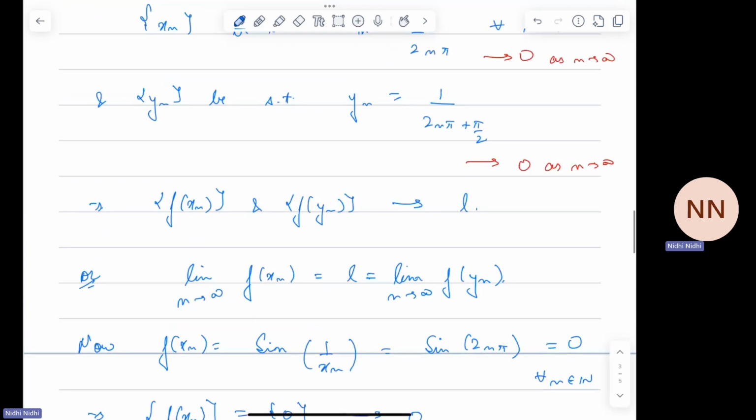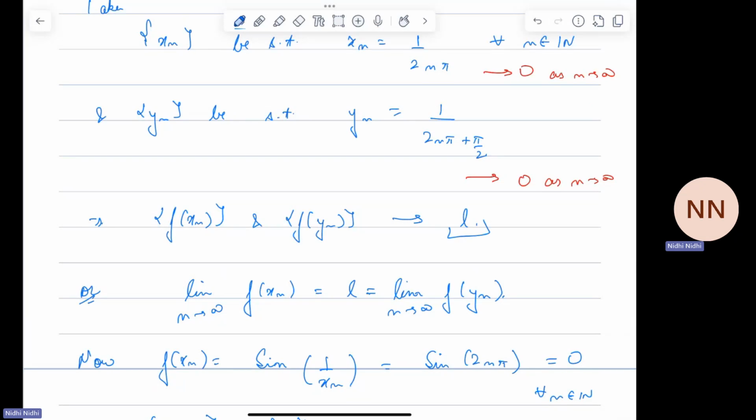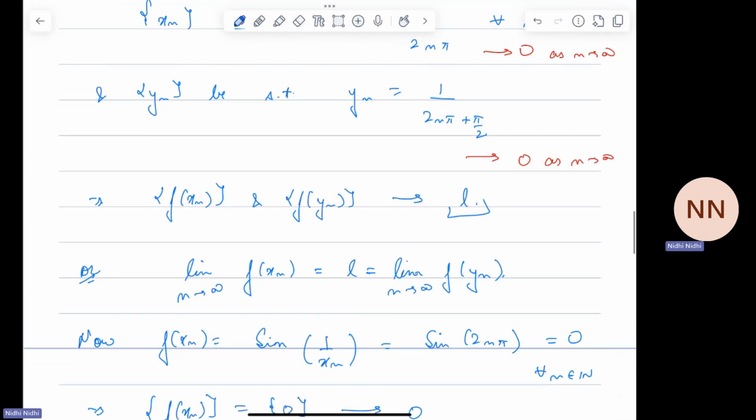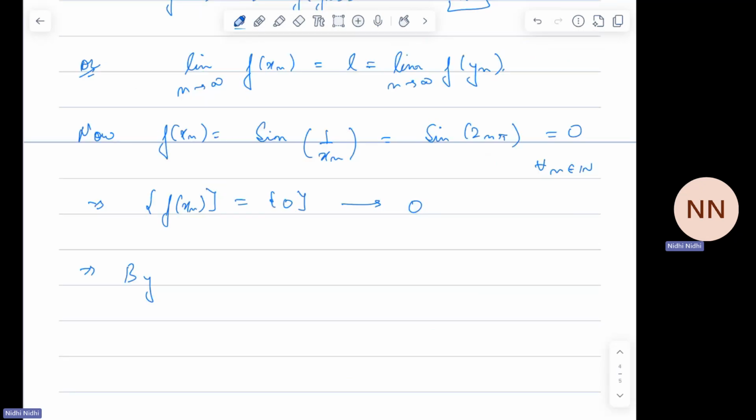We also had that this will be equal to L. So by uniqueness of limit, this L should be equal to 0. Obviously, every convergent sequence can converge to just one point. So L should be equal to 0.